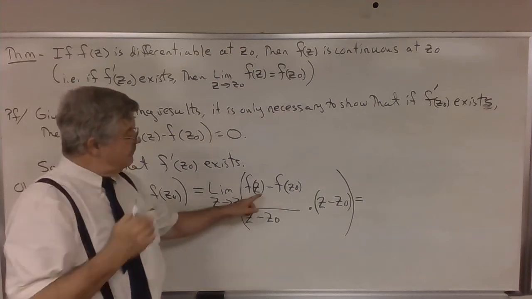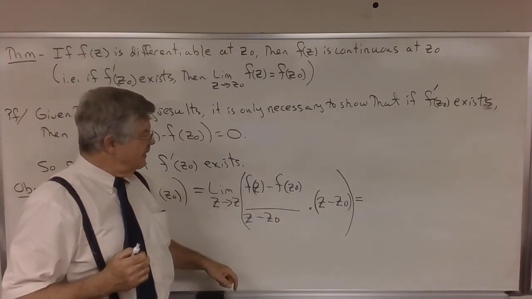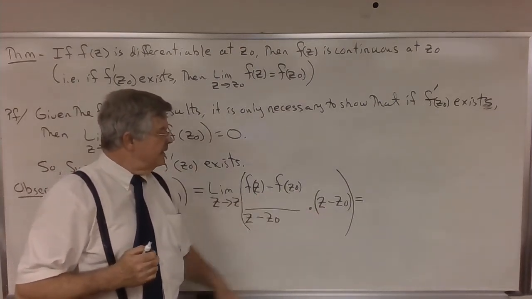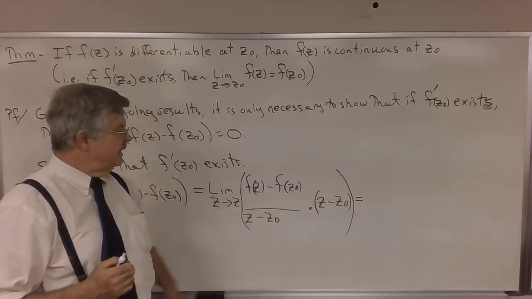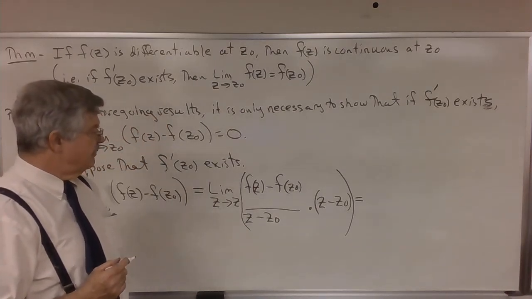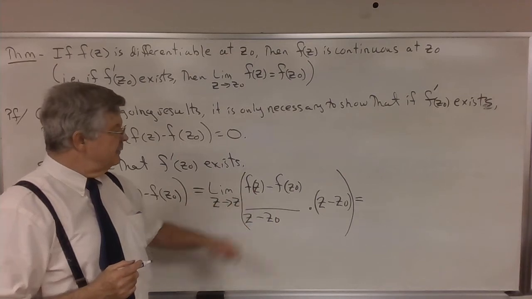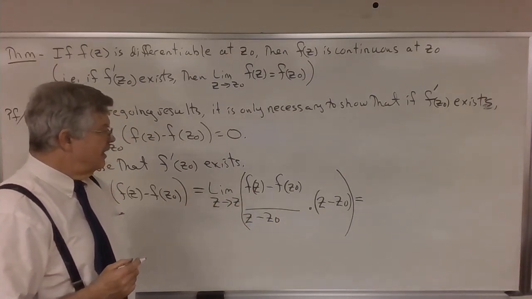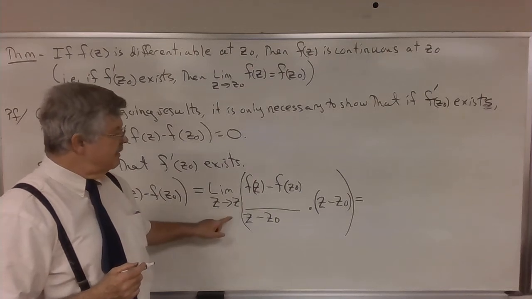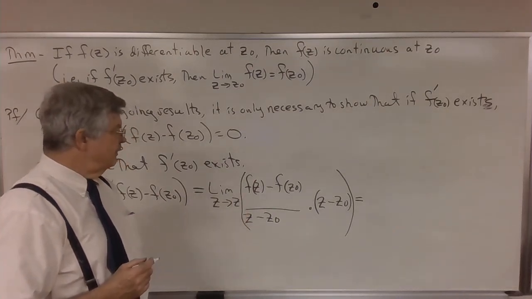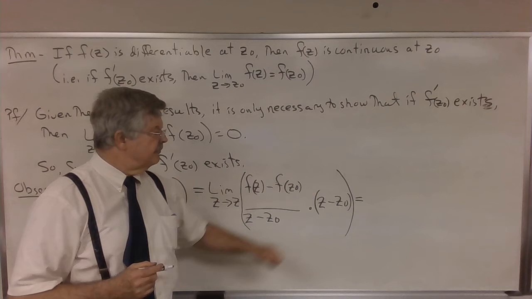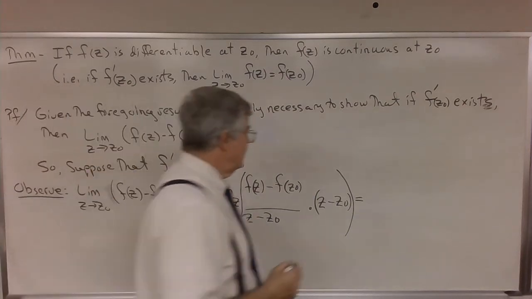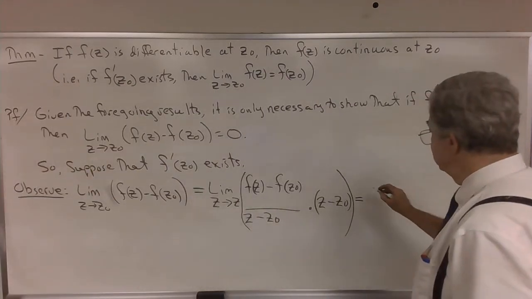I'm taking f of z minus f of z0 and multiplying it by z minus z0, dividing it by z minus z0. And we have the limit of this expression. And we know that the limit of a quotient is the quotient of the limits. The limit of a product is the product of the limits. So essentially, we can do this.